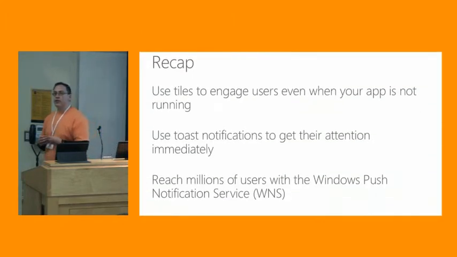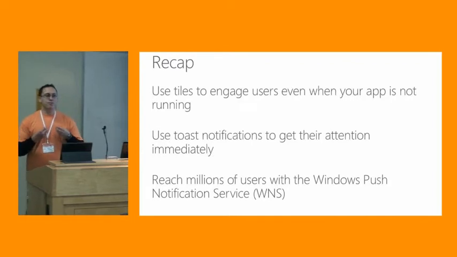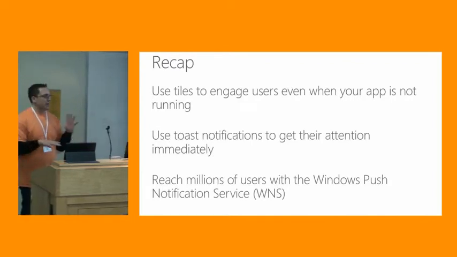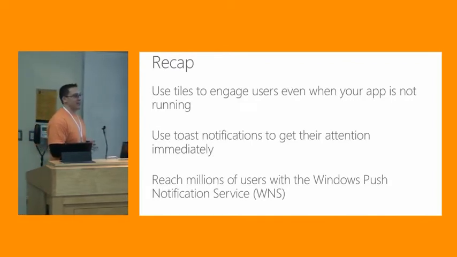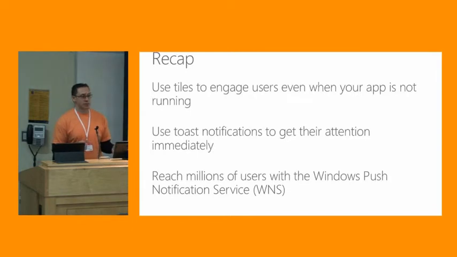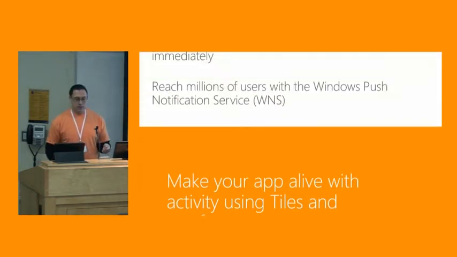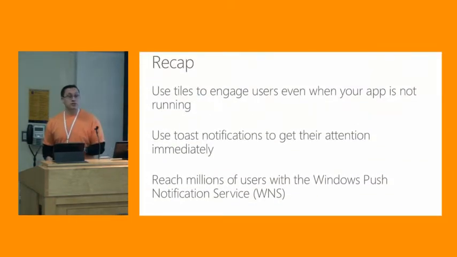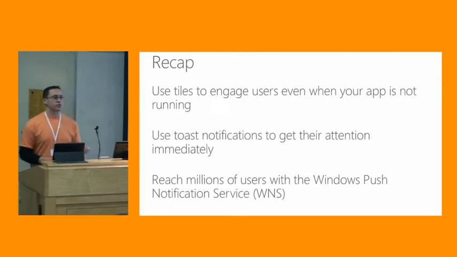Use the tiles to engage your users. Use them for more than an icon. Other platforms that shall remain nameless have icons that launch apps. They work great to launch apps. But let's use your tiles to really be an extension of your application. Use toast notifications. Get the immediate attention of your users, whether via push or local.